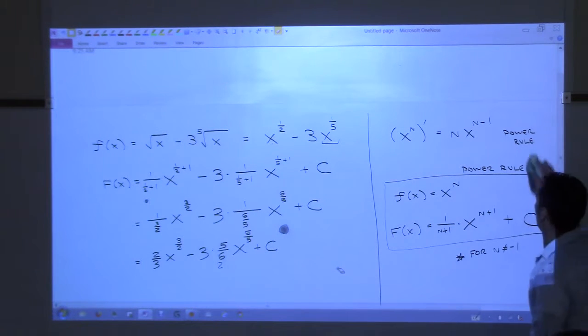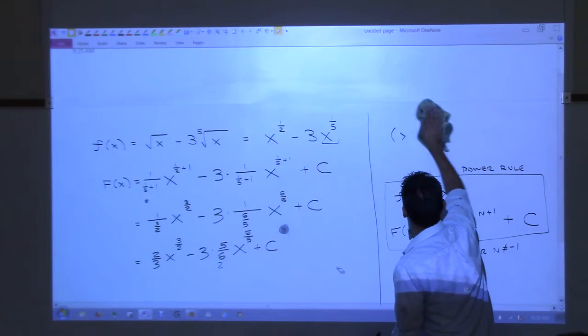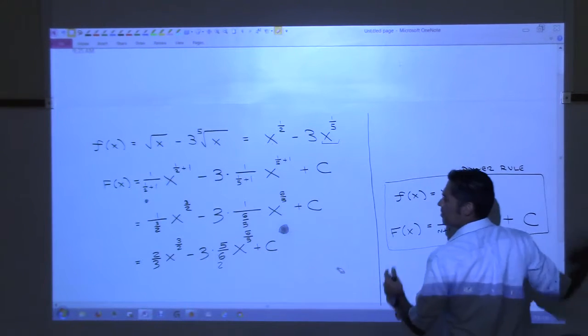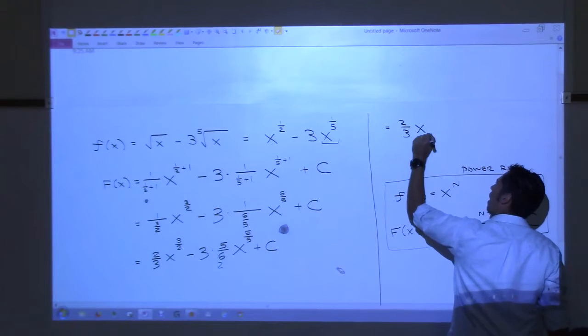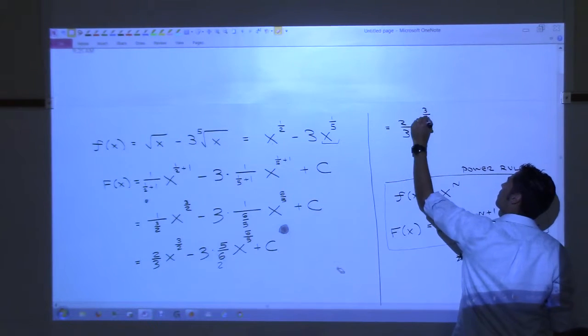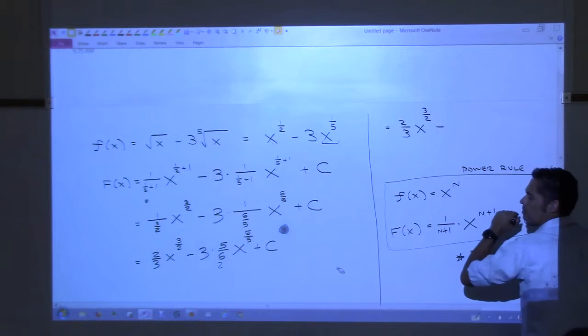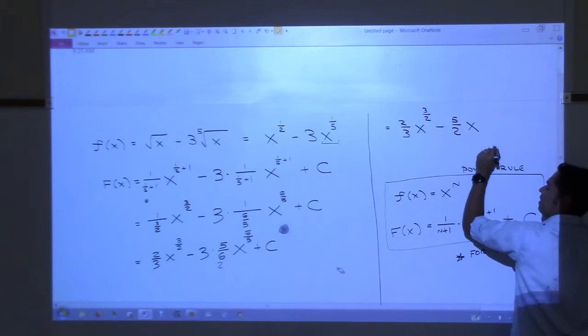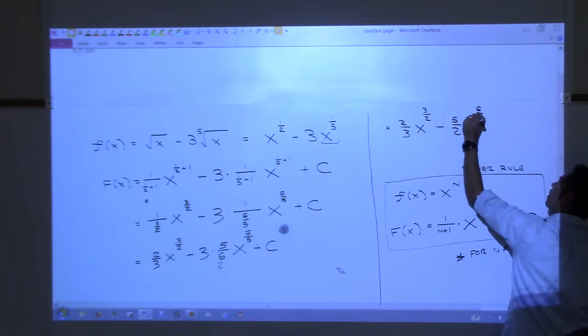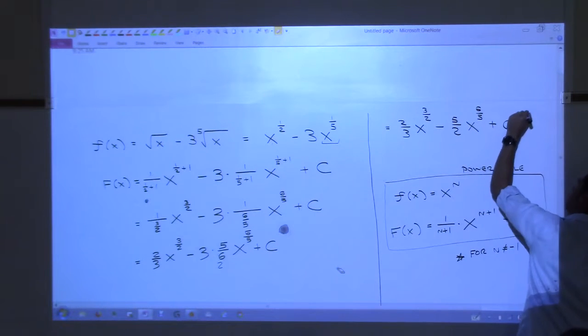So I think a good final answer for this one is 2/3 x to the 3 halves minus 5 halves x to the 6/5 plus c. Box it up.